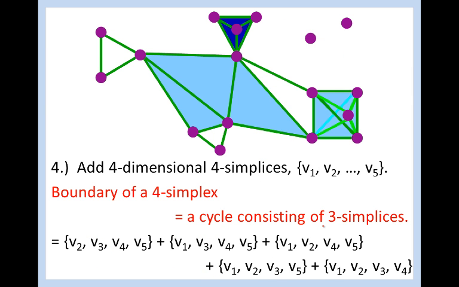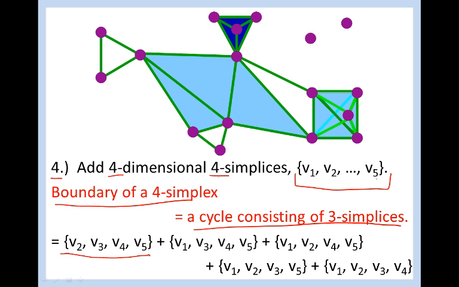In our step 4, we add 4-dimensional 4 simplices, but the boundary must exist. And to create the boundary of any n simplex, we just go from our simplex and remove one vertex at a time. So a 4 simplex would be denoted by 5 vertices, v1 through v5. If I want to get its boundary, I can remove the vertex v1 to create this tetrahedron.